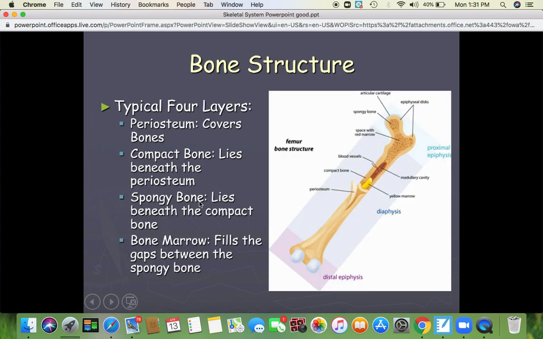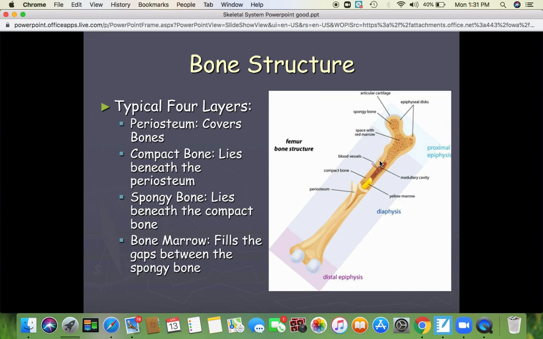There are different bone structures or different bone layers. We're not going to worry too much about this, but if you look, the periosteum is pretty hard. It's where muscles attach. Then we have compact bone, which is the layer below that.